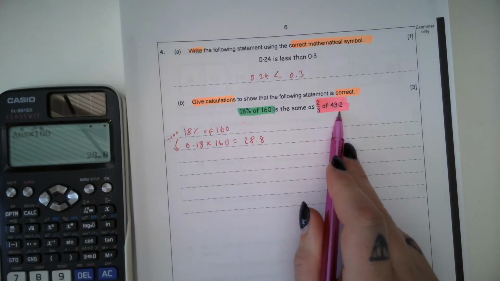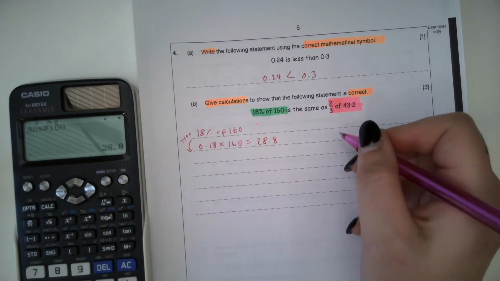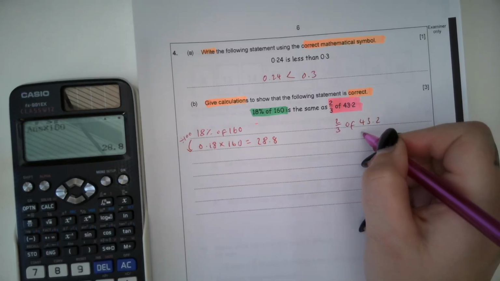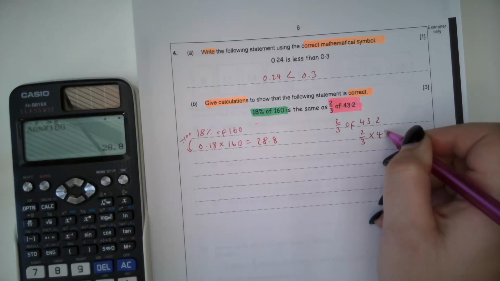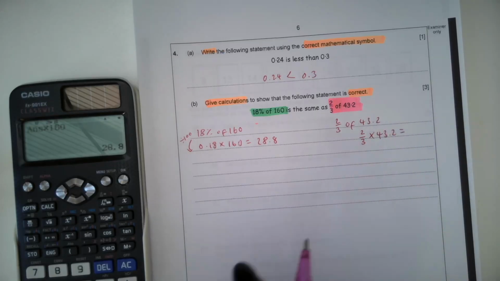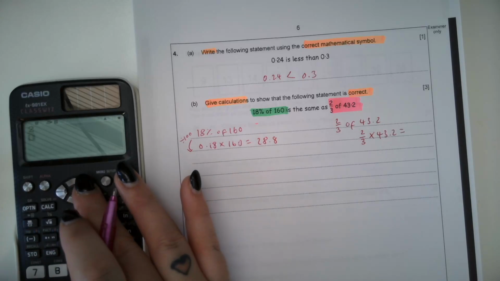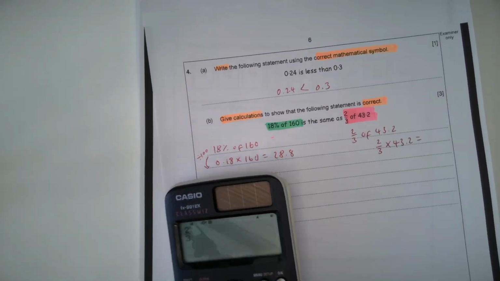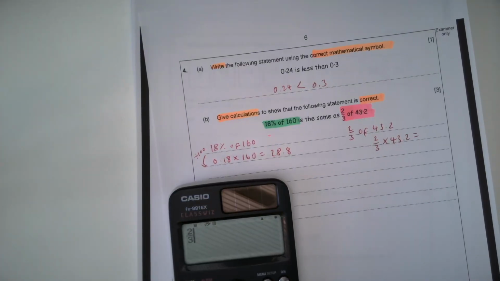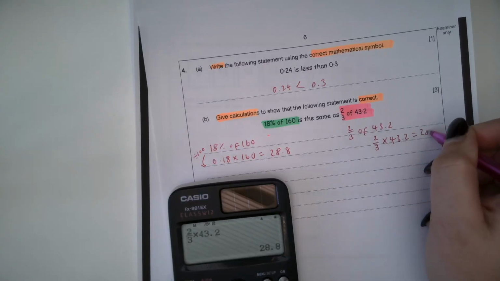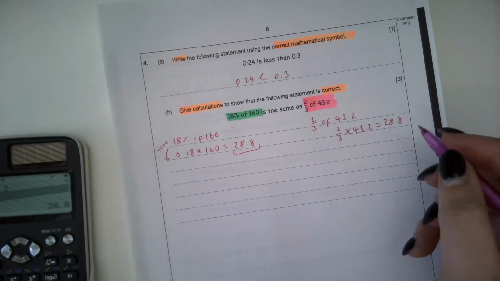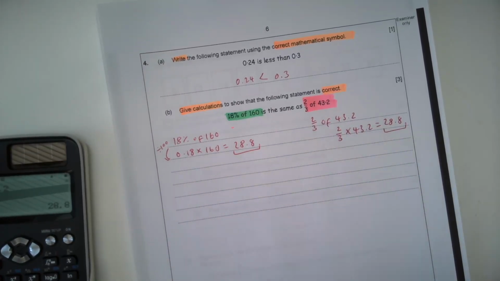Now I'm going to work out 2/3 of 43.2. So on my calculator, I'm going to do 2/3 multiplied by 43.2. 2/3 is a fraction, so arrow off your fraction, guys. And then we're going to multiply by 43.2, which gives us an answer of 28.8. We have shown that this statement is correct using calculations.